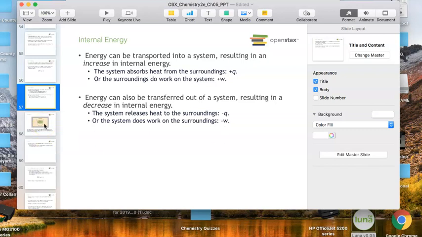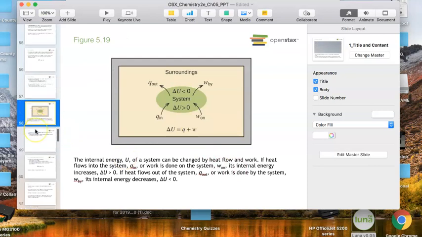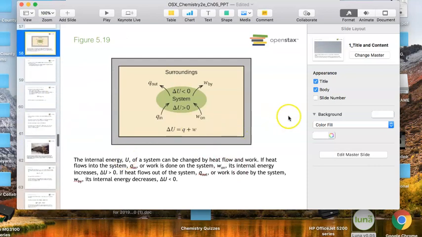All right, so this picture really gives you kind of an idea about the relationship between the internal energy and the heat given off or taken up by the system and the work done by or on the system. So here it says the internal energy of a system can be changed by the heat flow and work. If the heat flows into the system, or the work is done on the system, its internal energy increases and you have a positive internal energy.